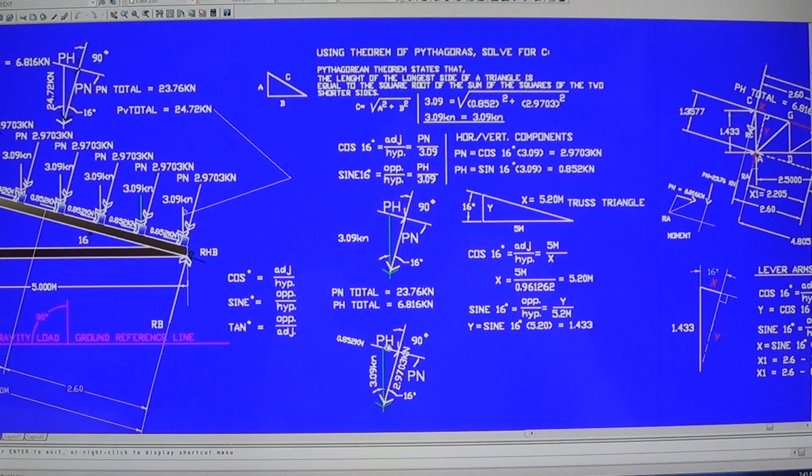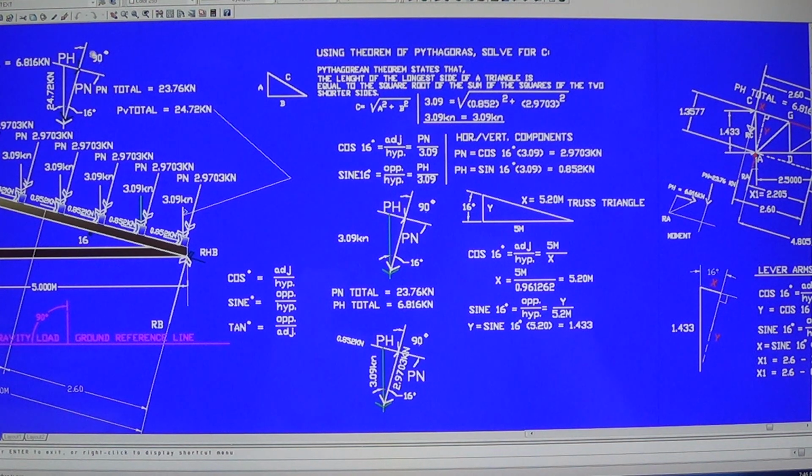And the Pn, the function for that is cosine. It is adjacent. So you can choose any of these trigonometric functions and solve for the two components of loads.